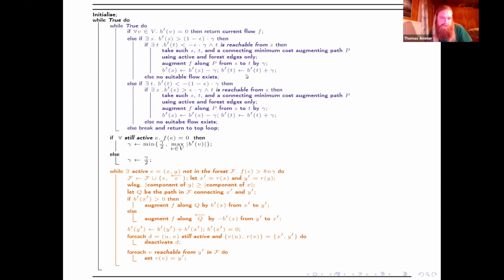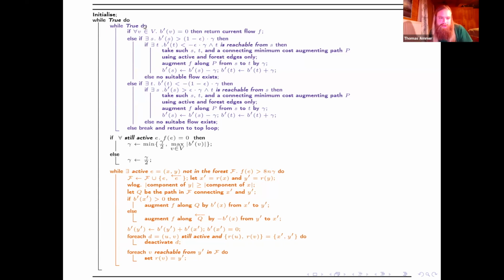Now, Orlin's algorithm is pretty involved, so this pseudocode fills an entire slide. Of course, you don't have to understand that in detail, but just let me make a few high-level comments. So we have an outer loop that is responsible for maintaining this gamma value.